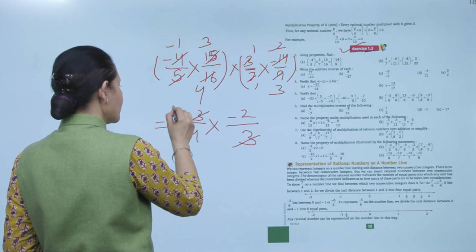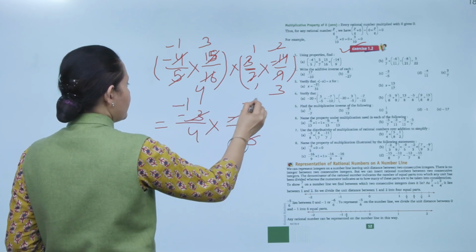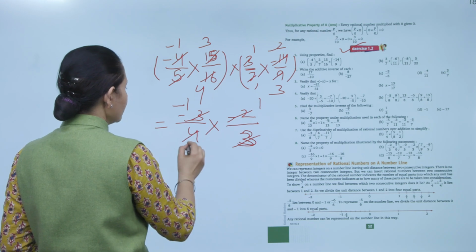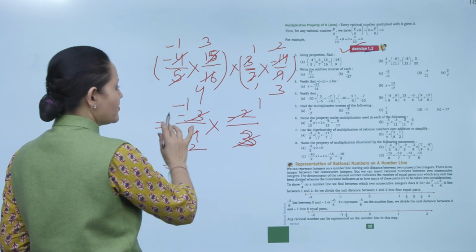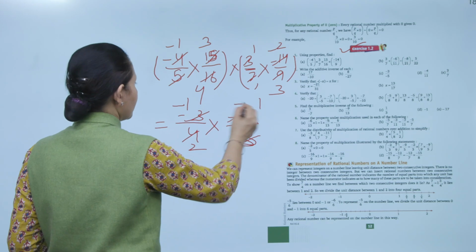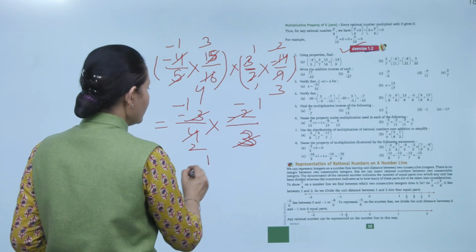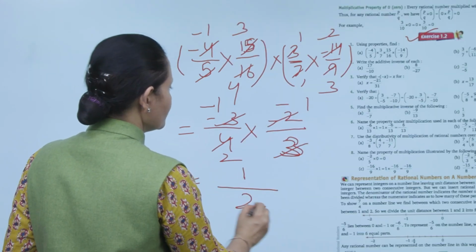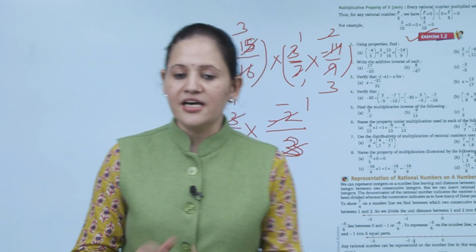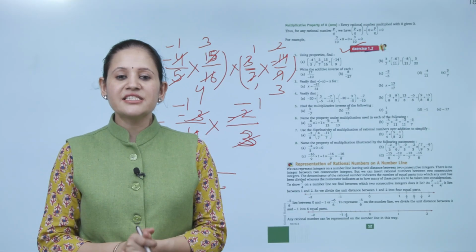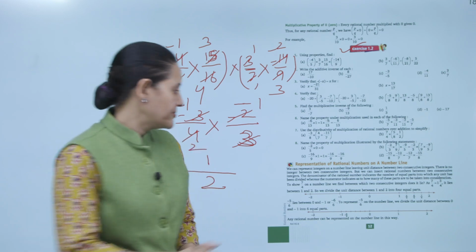So that is equal to minus 1 multiplied by minus 1, that is equal to 1 upon 2. That is our answer.